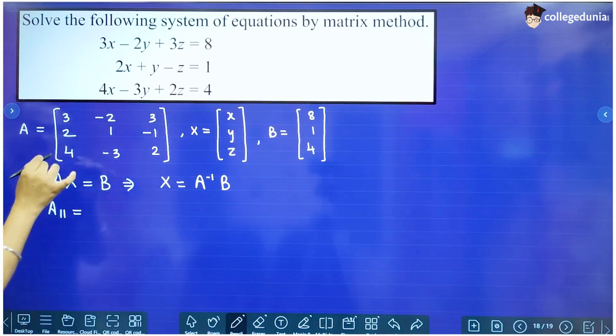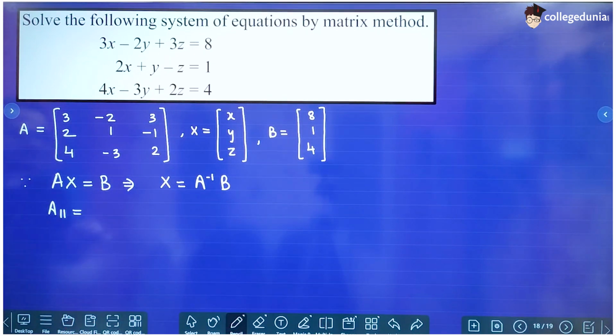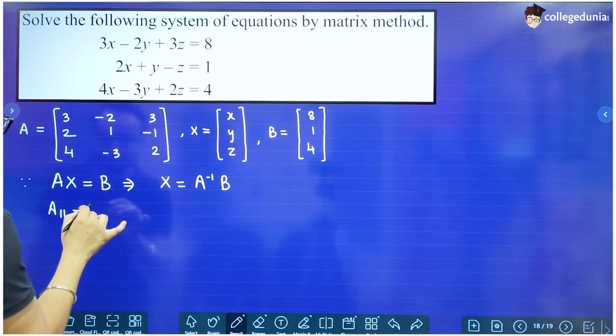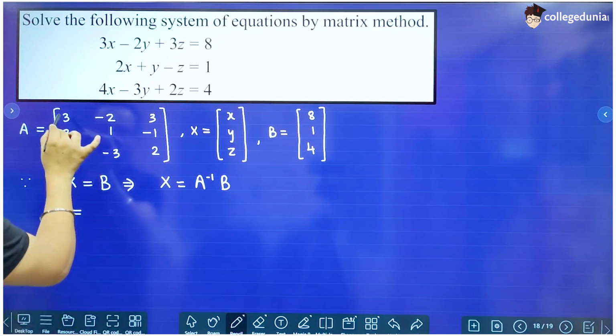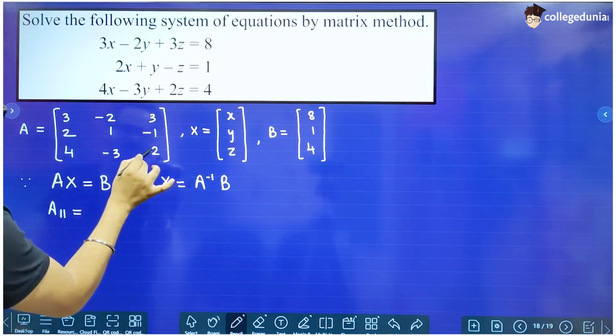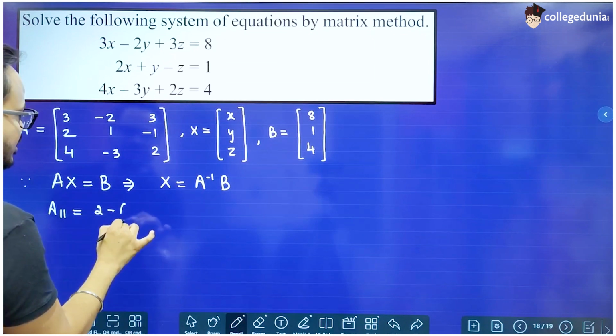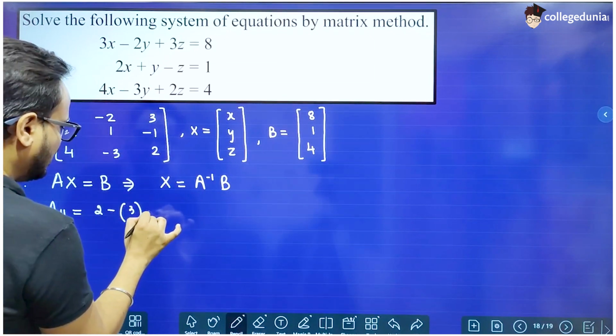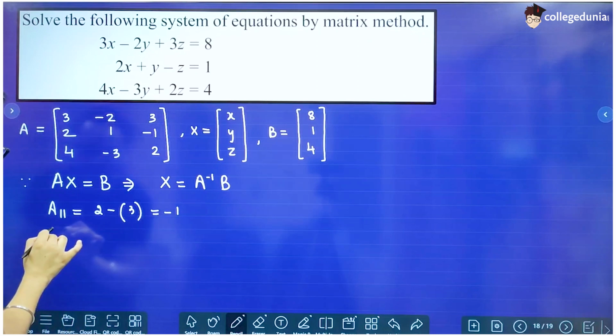So what is the cofactor of 3? Positive. Leave this and this. So it is 2 minus 3, that is minus 1.